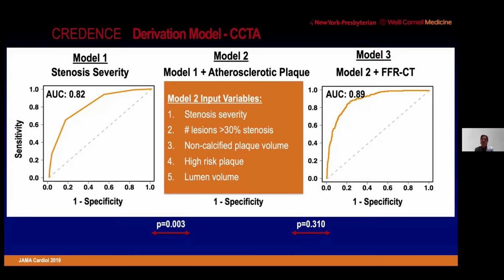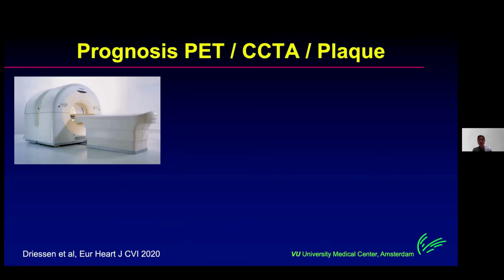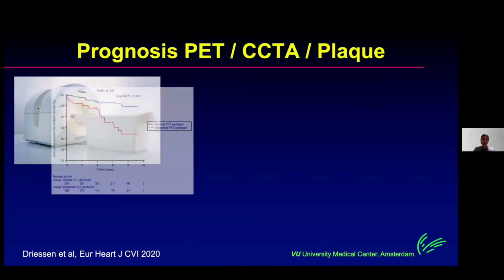So basically go beyond looking at plaque stenosis, also look at how the plaque looks and what could be the hemodynamic consequences. We checked it in Amsterdam in terms of prognosis. We have this PET-CT camera, which can detect ischemia with positron emission tomography, as well as plaque features and stenosis with the CT camera.